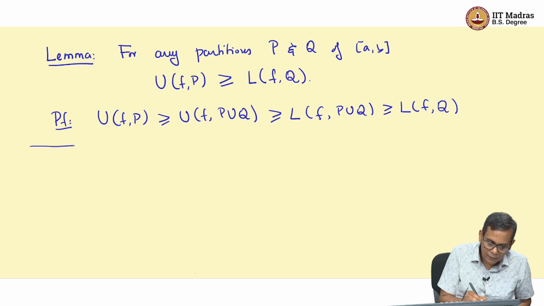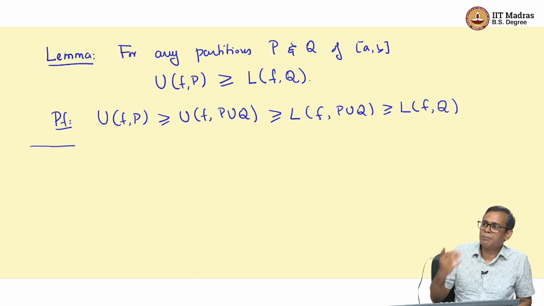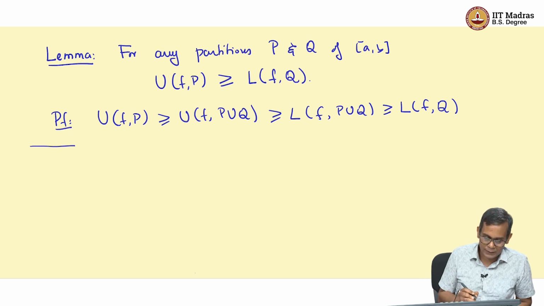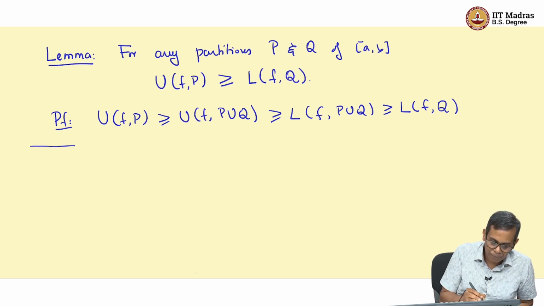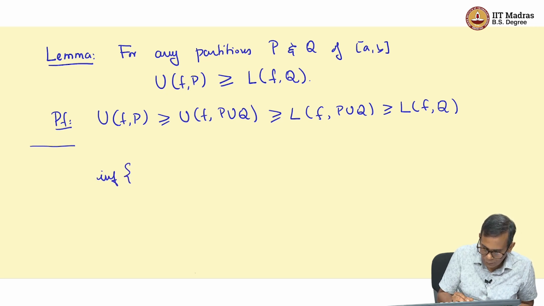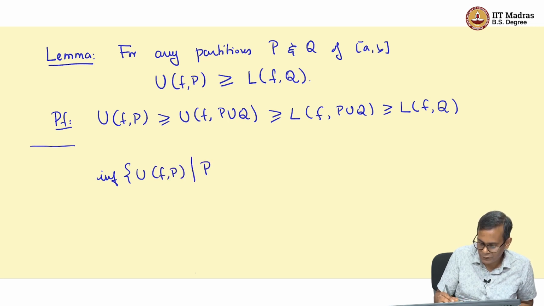So let's try now to get what is the best we can do with upper sums, what is the best we can do with lower sums. So the upper integral is defined as the infimum of U(f,P), where P is a partition of the closed interval [a,b].